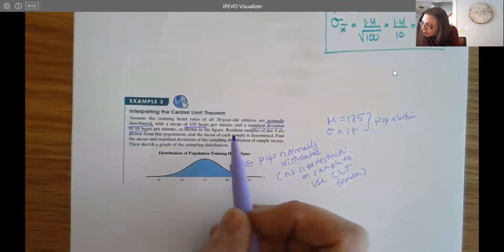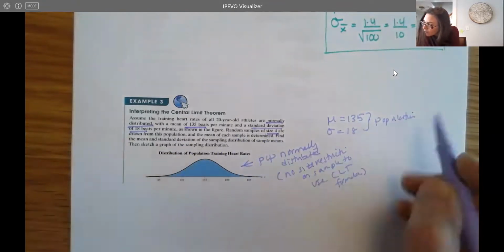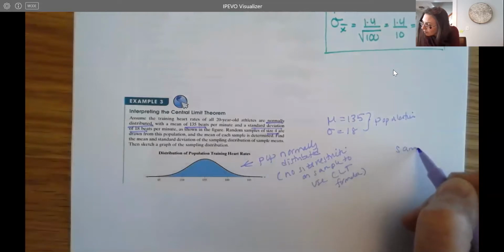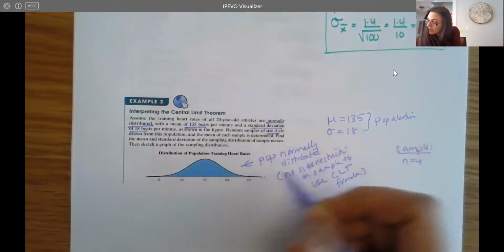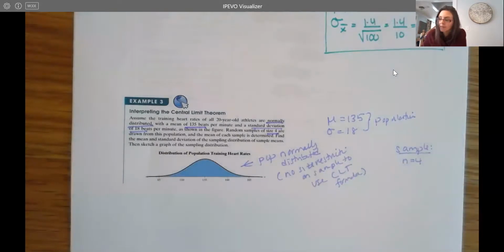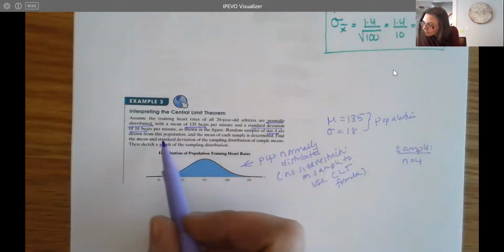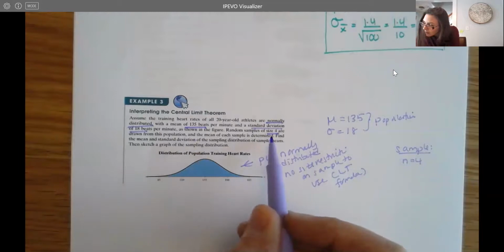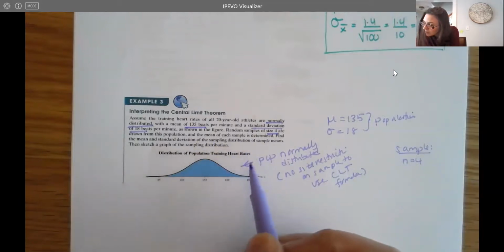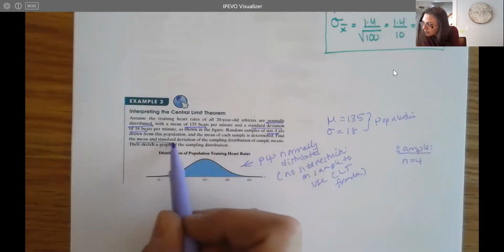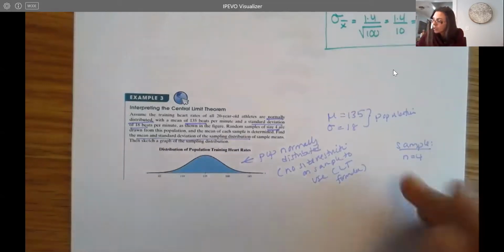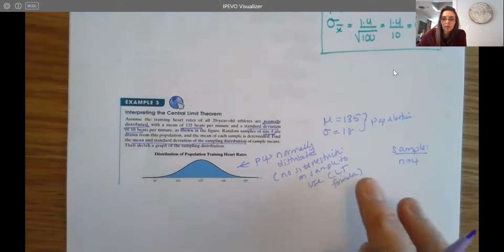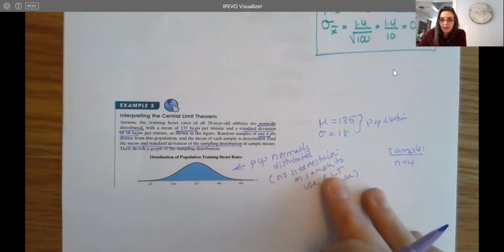Okay. Random samples of size 4, so for our sample, our n is equal to 4 here, which is okay because our population is normal, so I don't have a size restriction. The mean of each sample is determined. Find the mean, standard deviation, and sampling distribution, and then also sketch the graph. So I meet all my criteria to use the central limit theorem formulas.